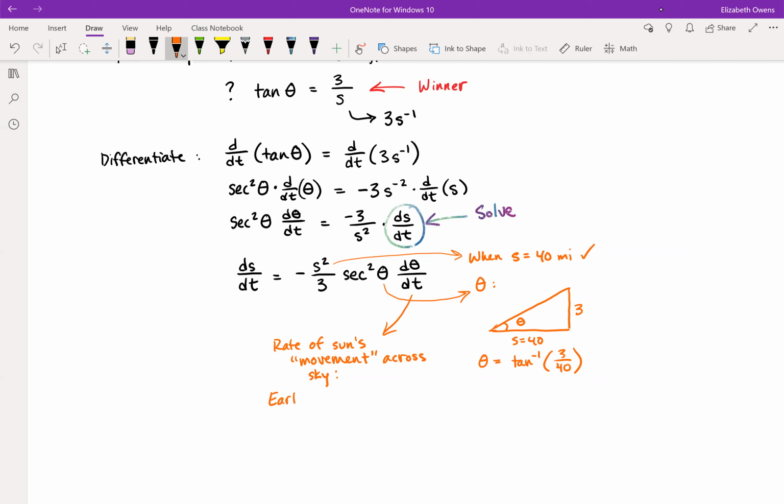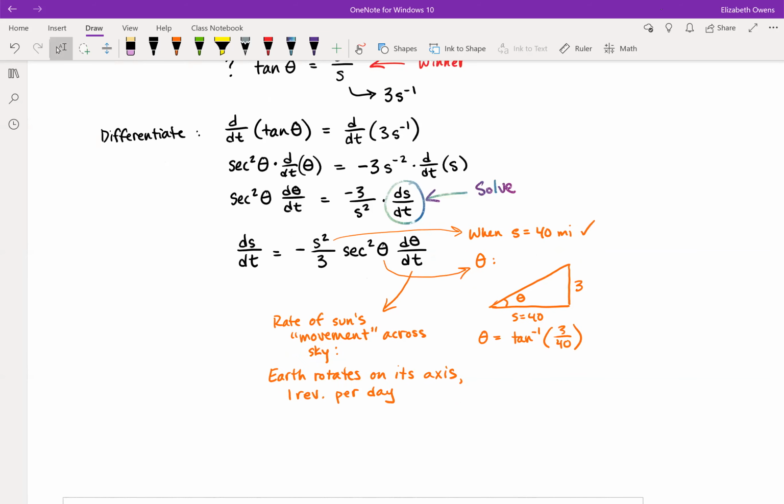So Earth rotates on its axis 1 revolution per day. So that is actually going to give us our information for this rate of change here. 1 revolution per day means we're going to travel 2 pi radians per 24 hours, roughly speaking.